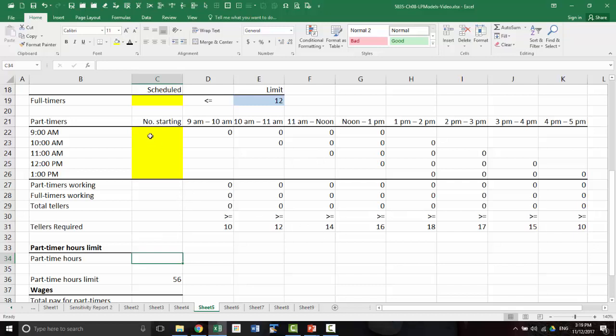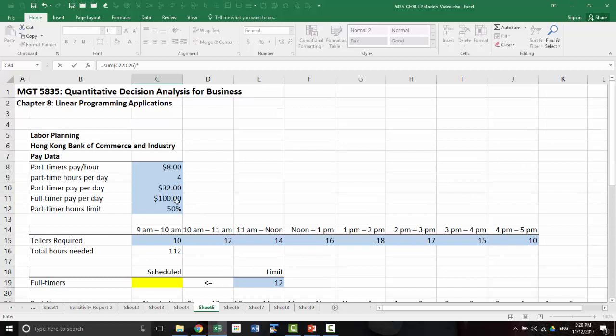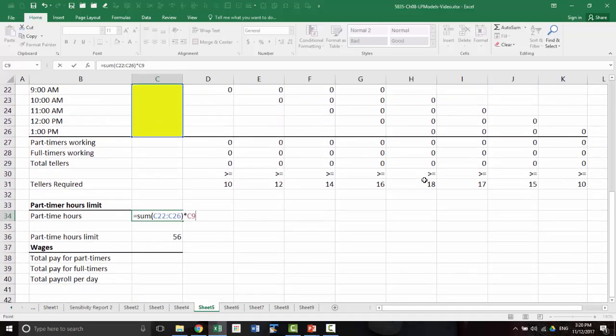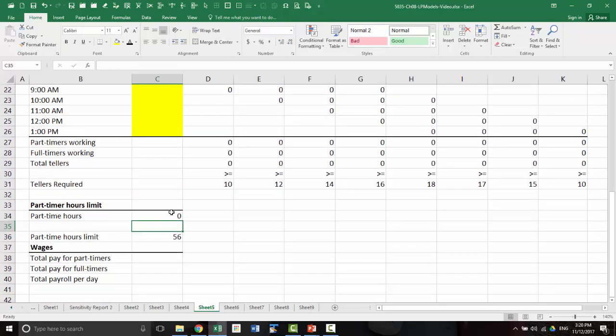Here are the number of part-time workers who will be scheduled to work, and if you sum these, that will give us the total number of part-timers who will be working for us. And this times the number of hours they will work, and don't type in 4 here. We have entered that number up here, so use the cell reference. So that's the total number of hours the part-timers will be working, and we have to stay within the limit, so that's less than or equal to.